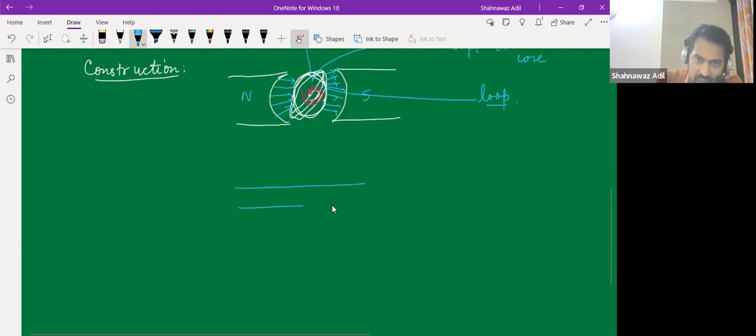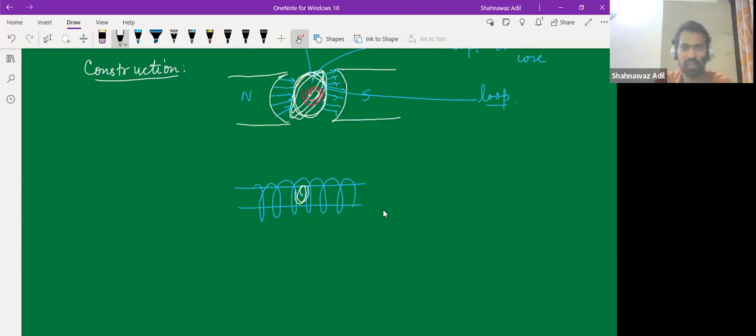The wire is joined like this, and in there you have this spring. And these magnets are providing a radial magnetic field.